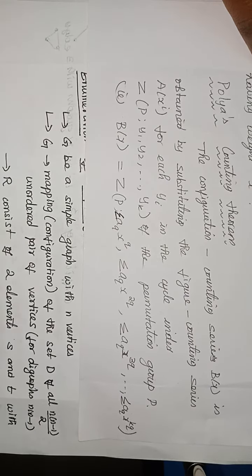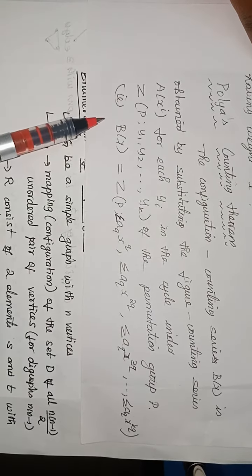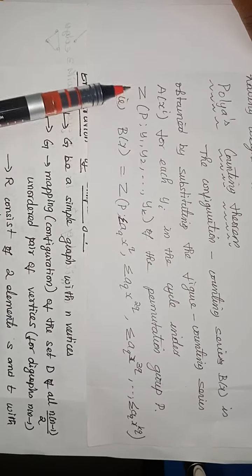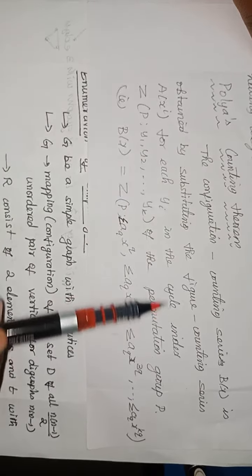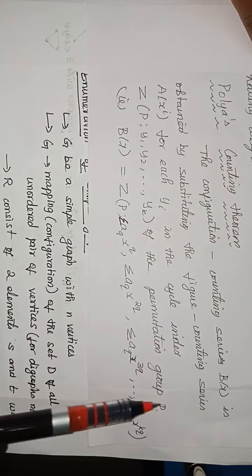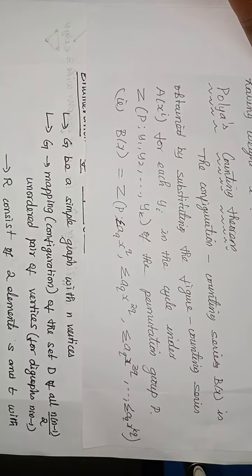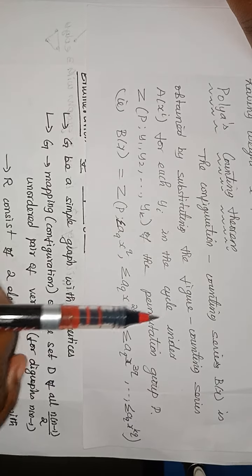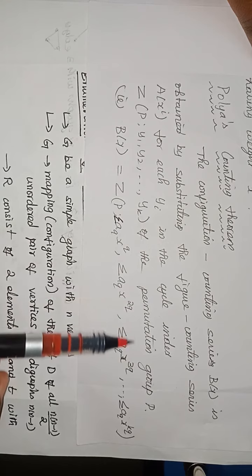In order to learn Polya's counting, we have run a long distance for the definition of cycle index and permutation group. These are the terms we must know in order to learn Polya's counting theorem. Only for these two purposes we have studied permutations.